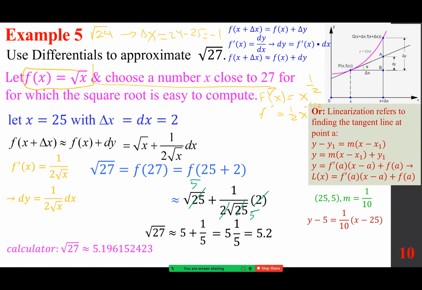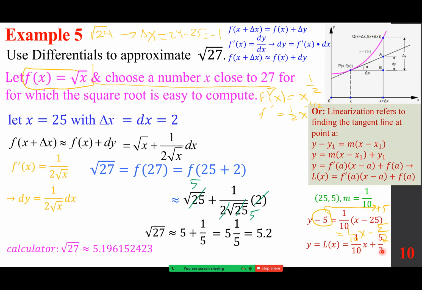So in other words, this is 1 over 10 times x minus 25 over 10, and 25 over 10 is 5 halves. Move the negative 5 over, make it positive 5, so with 5 halves it is 5 halves. So y or L of x is 1 over 10 times x plus 5 halves.